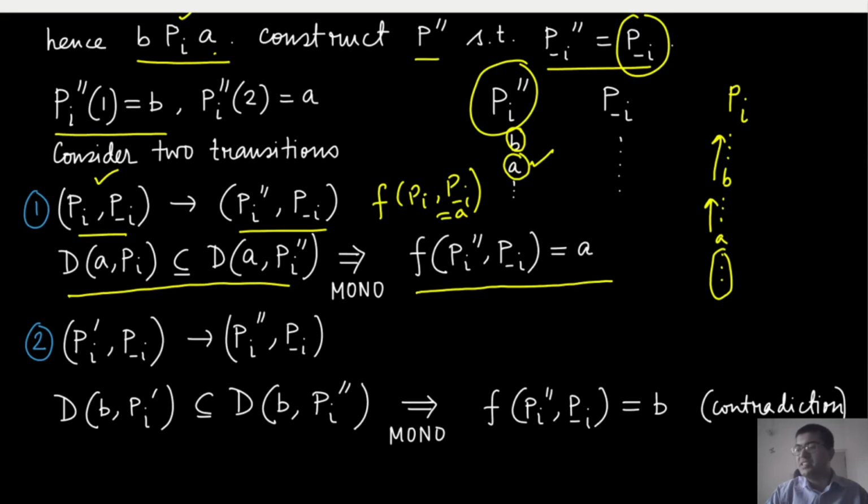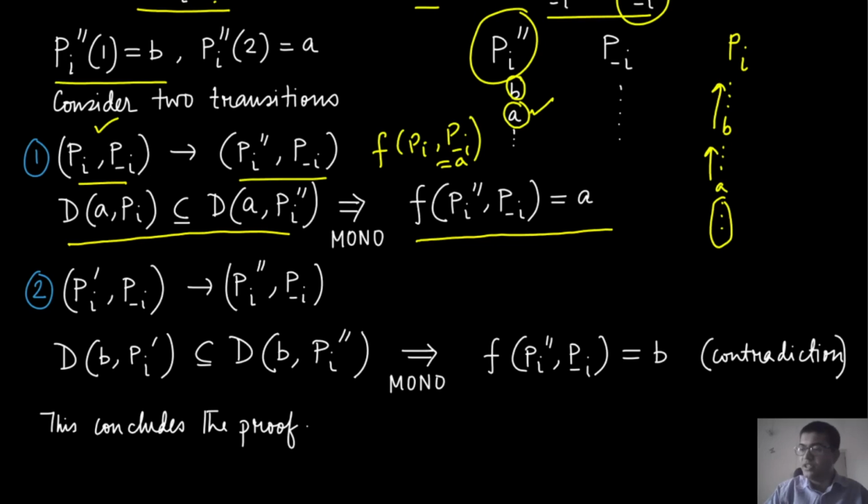Now I apply a very similar argument for the transition from pi prime to pi double prime. So now we are looking at the alternative b, because that is the social choice outcome at this preference profile. Now there is nothing to worry here, because in pi double prime, b is on the topmost position.